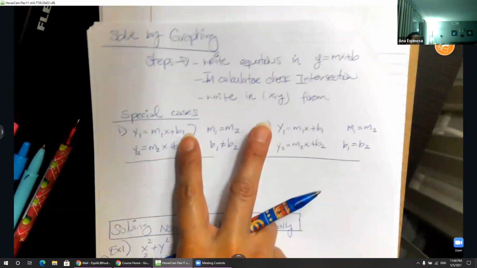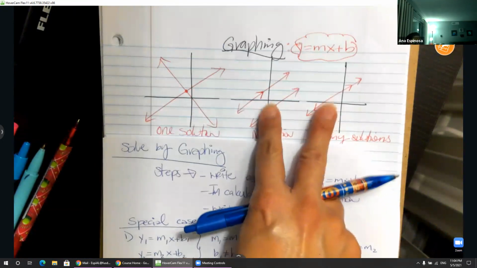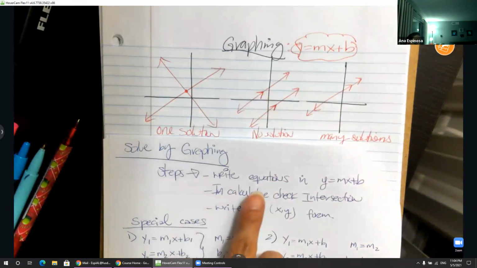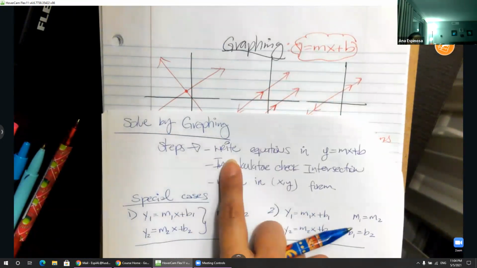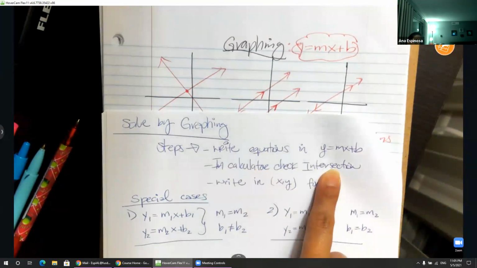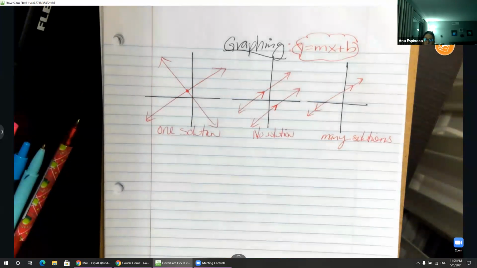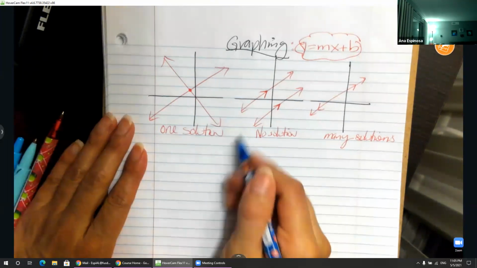I'm actually explaining a little bit of this in a minute. The special cases would be these two cases, okay? But when you are graphing, you're going to write your equations in y equals mx plus b. In the calculator, you're going to check the intersection, and you're going to write it in xy form. So we've done the intersection of two graphs. Use second calculate intersection. Okay.